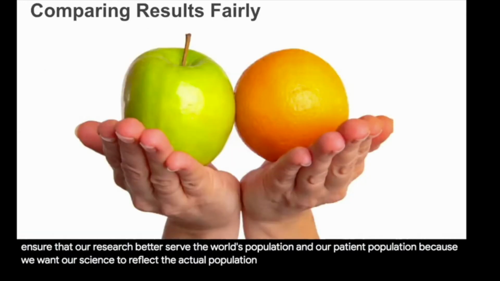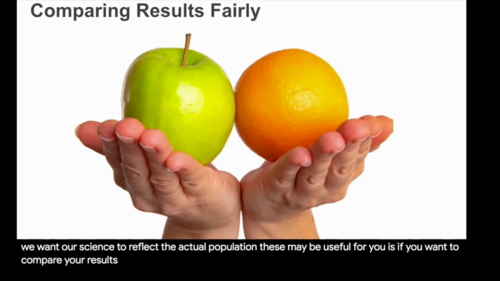And finally, another reason why these might be useful for you is if you want to compare your results, perhaps at conferences or to other papers. So for example, with these tools, I could contact a group and quickly test my model on their data set without ever needing to request copies of their data.